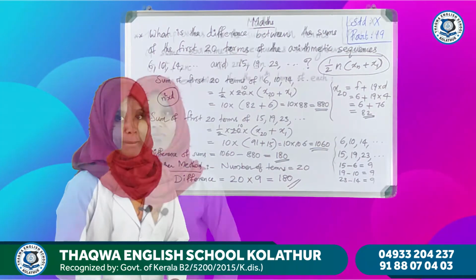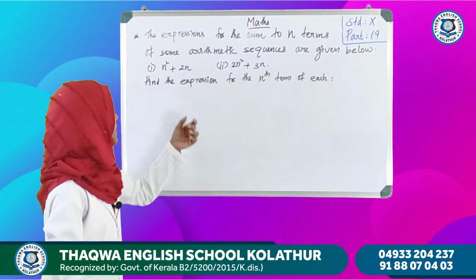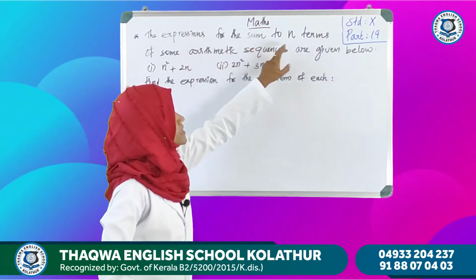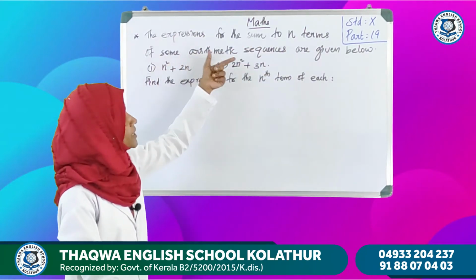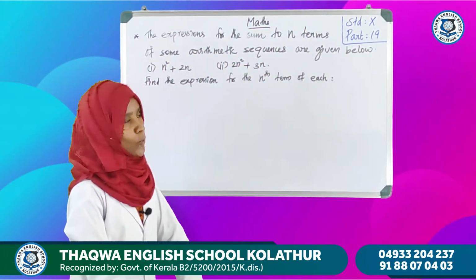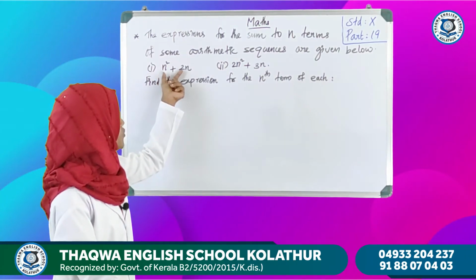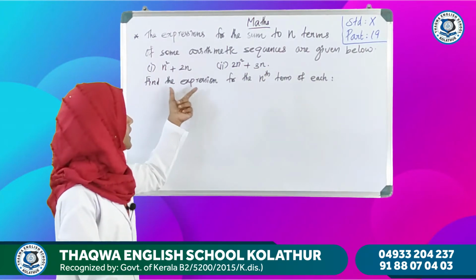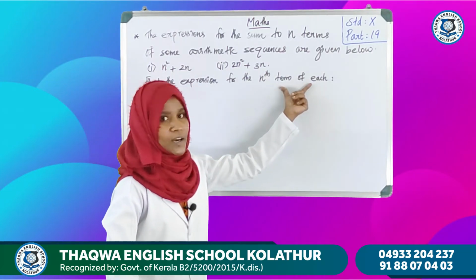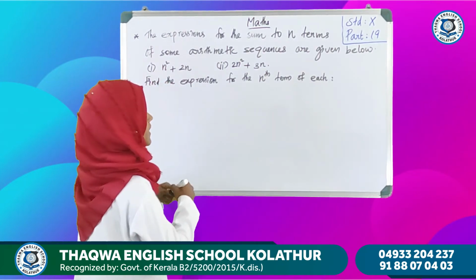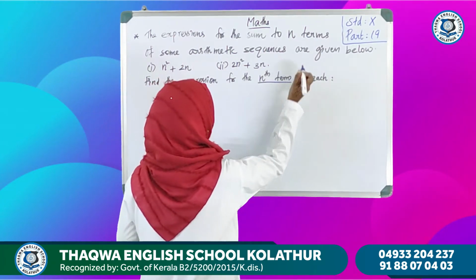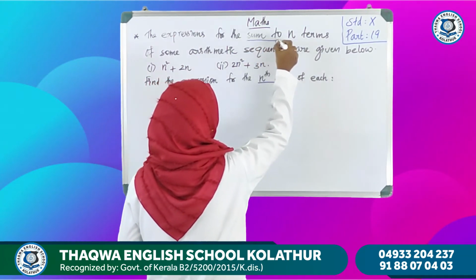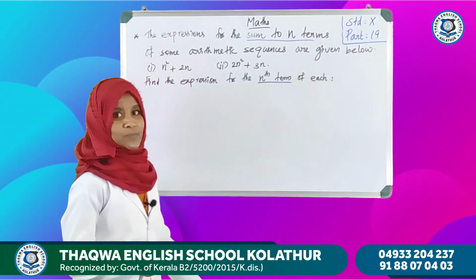Okay, next question. The expressions for the sum to n terms of some arithmetic sequences are given below. First n square plus 2n, next 2n square plus 3n. Find the expression for the nth term of each. Here you have given the sum of first n terms.